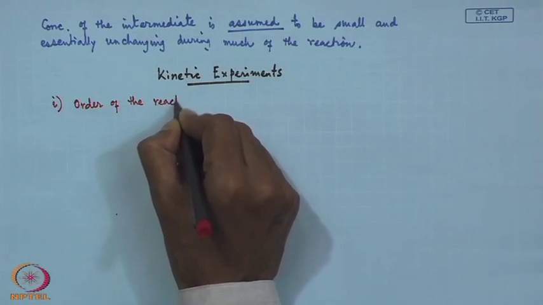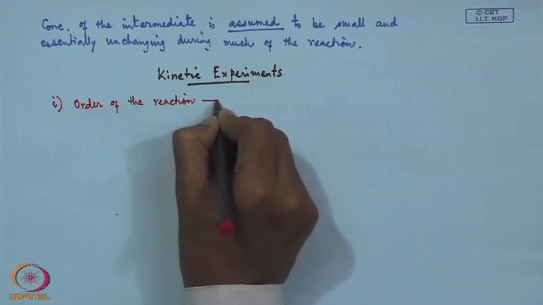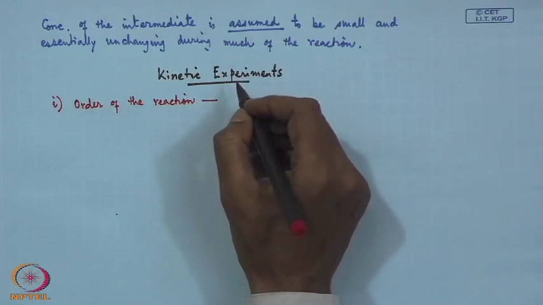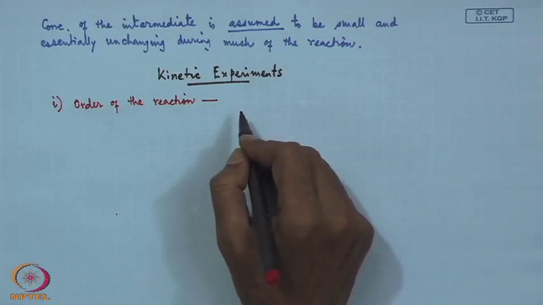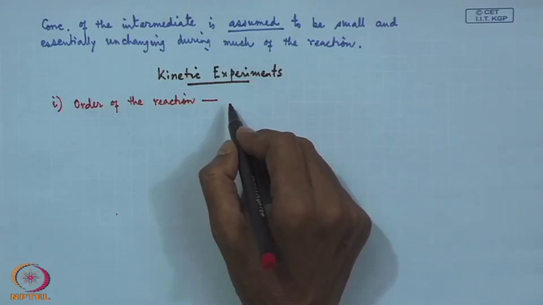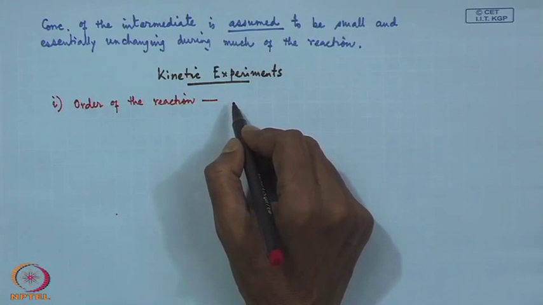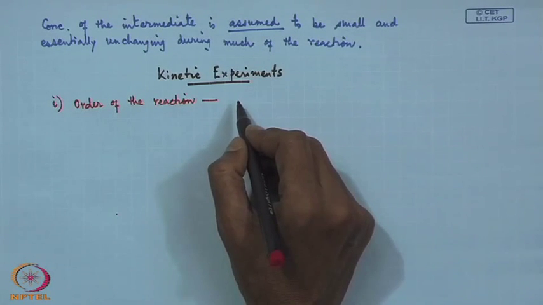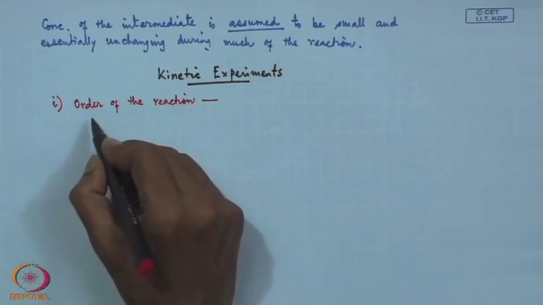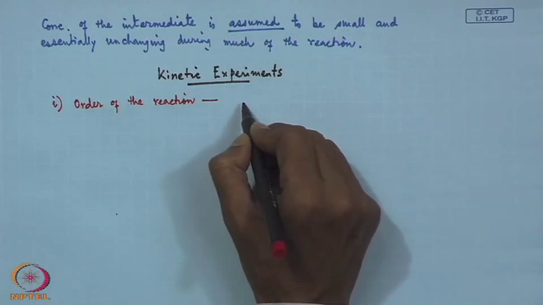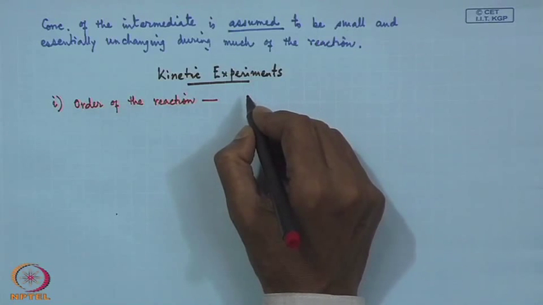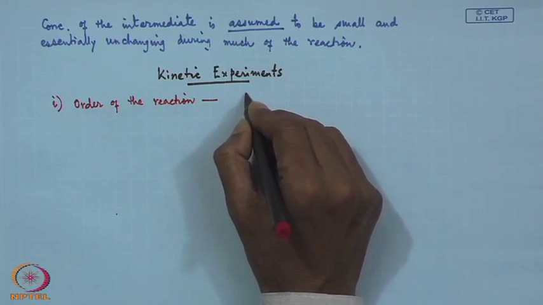In that case we have the concentration of the metal ion, the concentration of the ligand and the concentration of the metal complex form, and the corresponding reactant concentration.